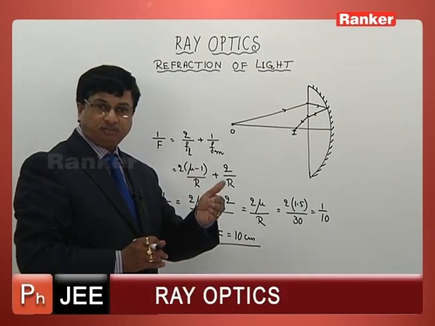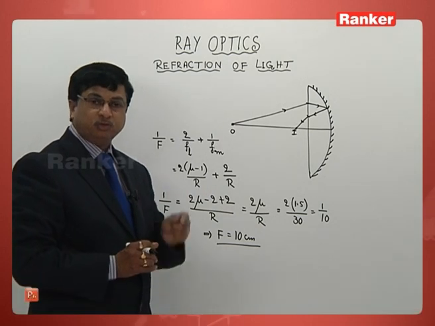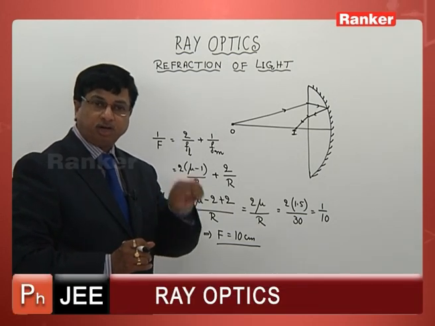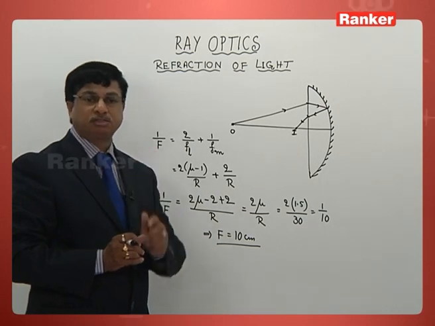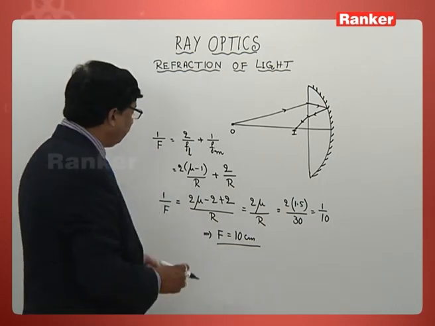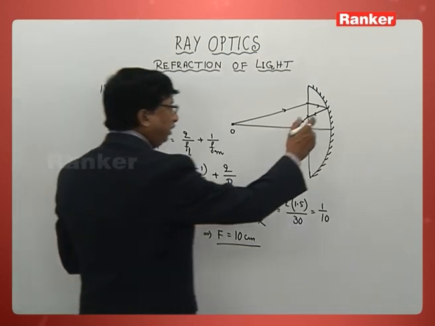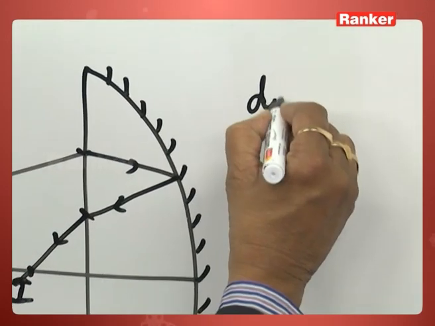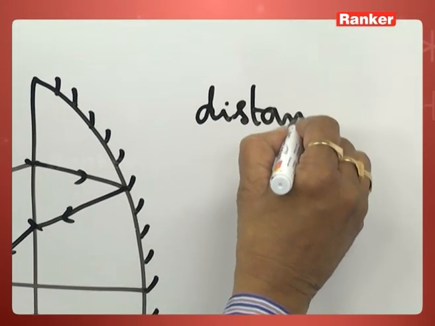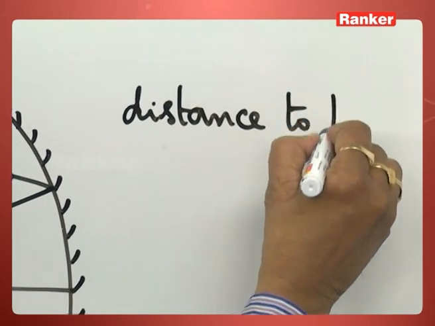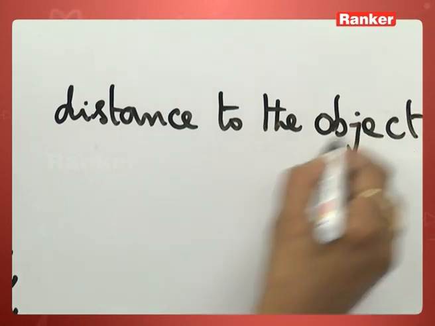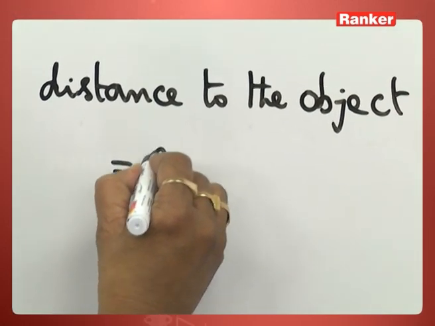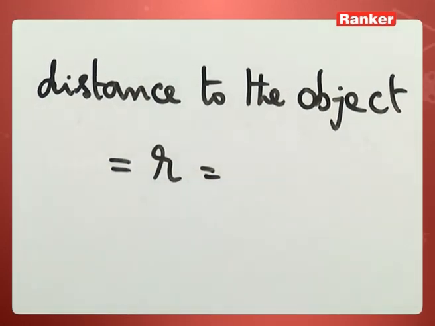But he is not asking you the focal length. Where should you place the object so that its real image is formed with the same size as that of the object? So that means you definitely can understand the distance to the object. This distance now should be equal to the radius of curvature.